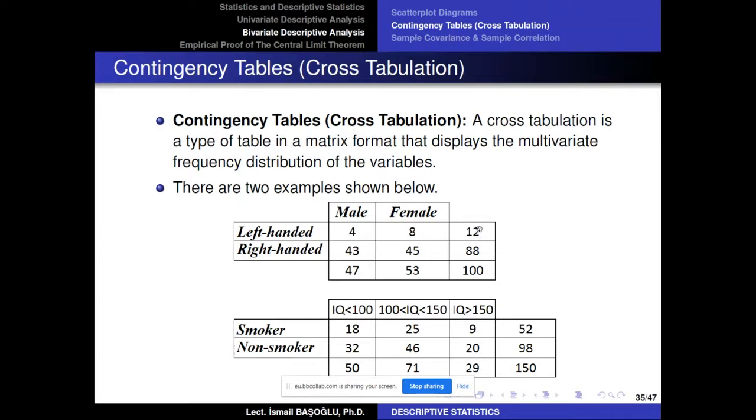So over 12 left-handed people, only 1/3 of them are male and 2/3 of them are female, whereas for the right-handed people, half of them are male and half of them are female. So we should say that it is much more likely for a female person to be left-handed compared to a male person according to this data.